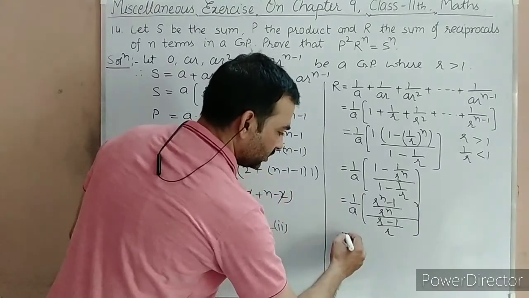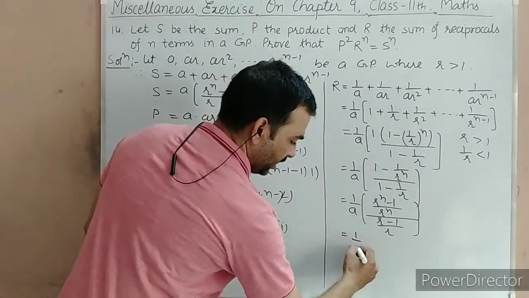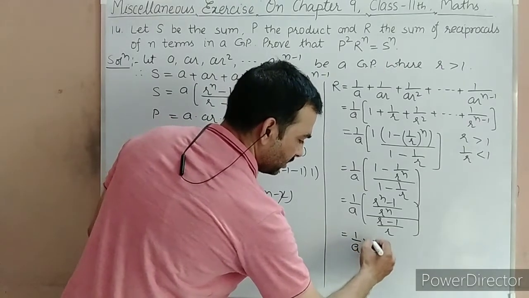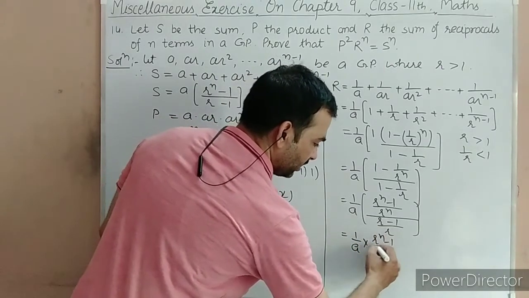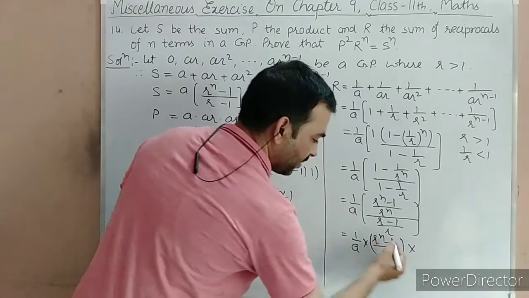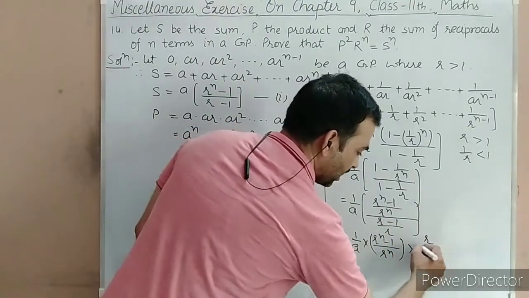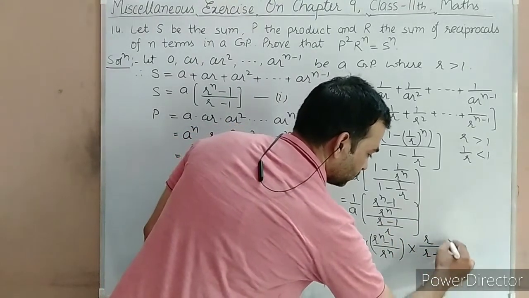So this is again equal to 1 upon a multiplied by (r power n minus 1) divided by r power n, and multiplied by the reciprocal of (r minus 1) by r, that is r upon r minus 1.